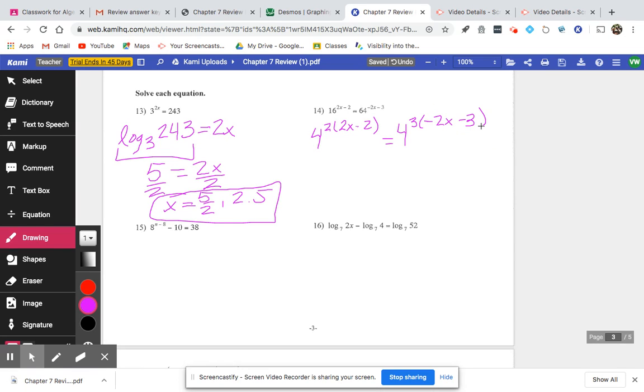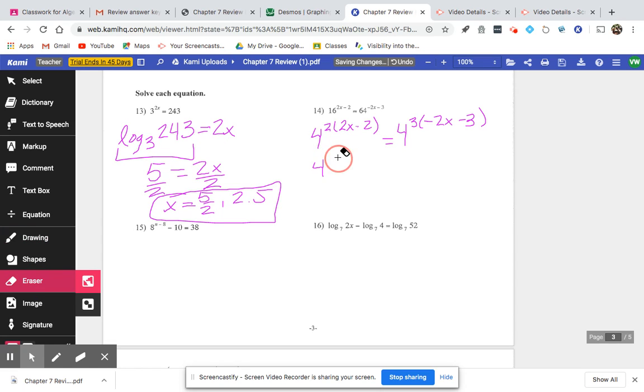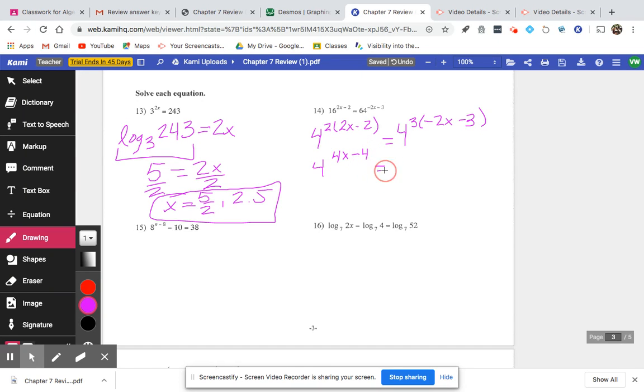Now, I need to distribute the 2 and the 3 through each set of parentheses. So we really have 4 to the 4x minus 4 equals 4 to the negative 6x minus 9. Now that they have the same base, I can just forget about those 4's there.